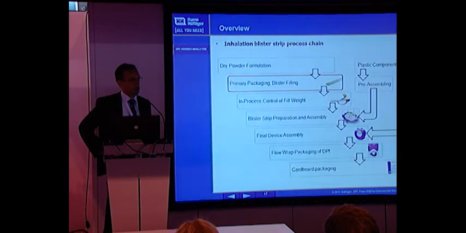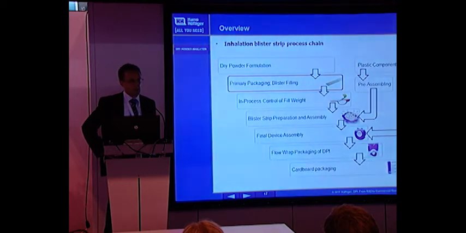And so in order to have this product, you need to do certain steps. First of all, you need to get the dry powder formulation, of course. Then you need to have a machinery to make the primary packaging and do the powder filling. And the next step, of course, you need to make an in-process control of the product you filled. And you continue then bringing the blister strip into the device, which is a rather critical process.